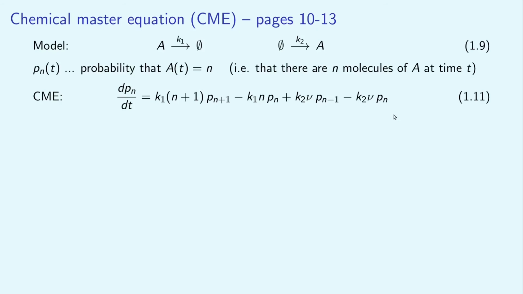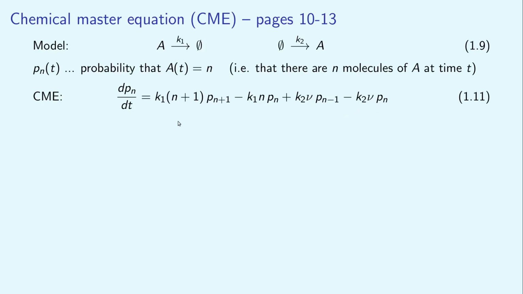In this case, n can be an arbitrary integer, because in theory, this production reaction can happen arbitrarily many times between two degradation reactions. In particular, P(n,t) is non-zero for any non-negative integer n, and the chemical master equation is a system of infinitely many linear ODEs.